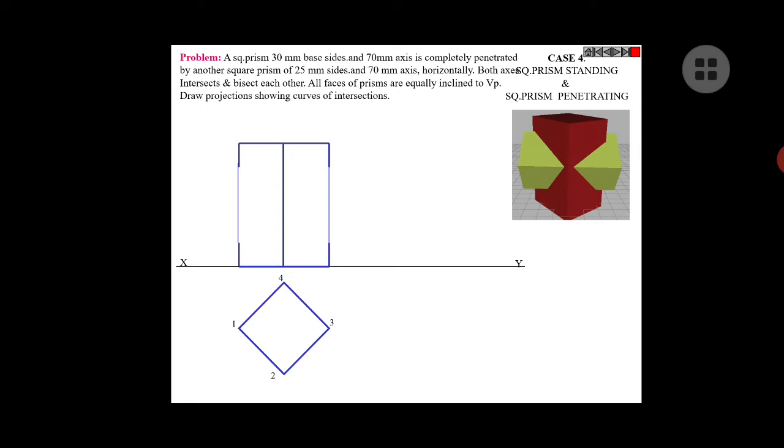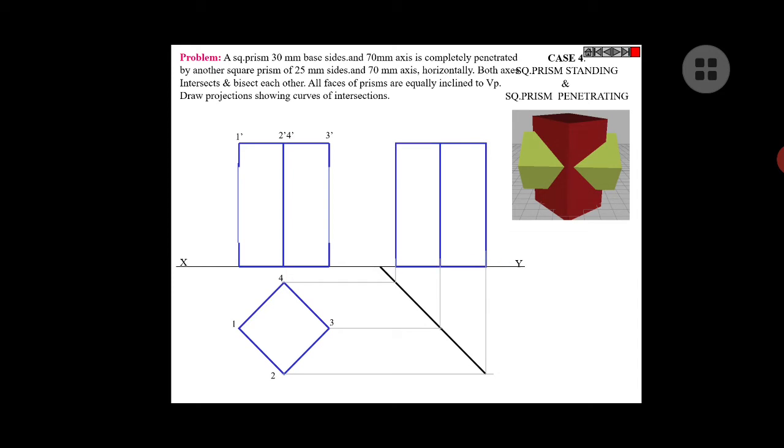So there is a top view and front view of the first prism. Name them 1, 2, 3, 4 dash. There is a 45 degree line to draw the side view. So with the help of that, draw the side view. Similarly, name them 1 dash, 2 dash, 3 dash, 4 dash.